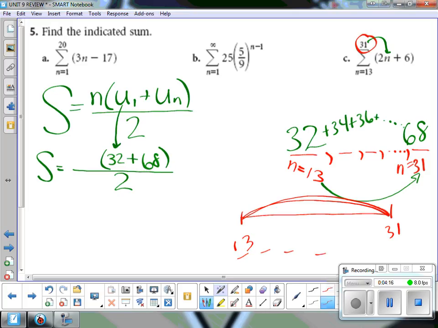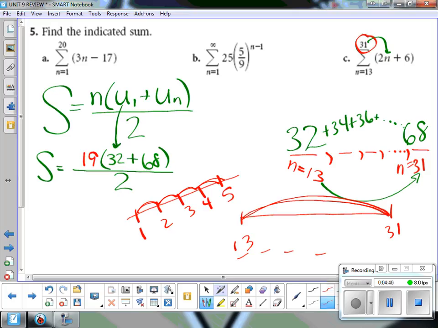Think about this. Let's say you were going from 1 to 5 on a number line, right? What's the difference between 1 and 5? 4. That's how many jumps it would take to get there. But if I said how many numbers are here, it's obviously what? 5. Okay? So there's 19 terms in this sequence.